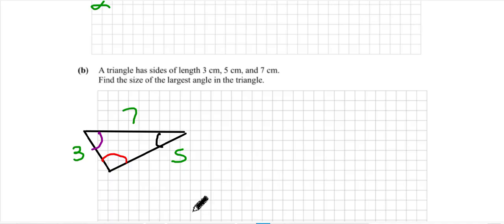Next thing. We don't know if it's right angled or not, so we can't use Pythagoras' theorem and we can't use SOHCAHTOA. No good. I think we're going to use the cosine rule here. Okay? You all good? Cosine rule. So let's call this big A and let's call this one small a.